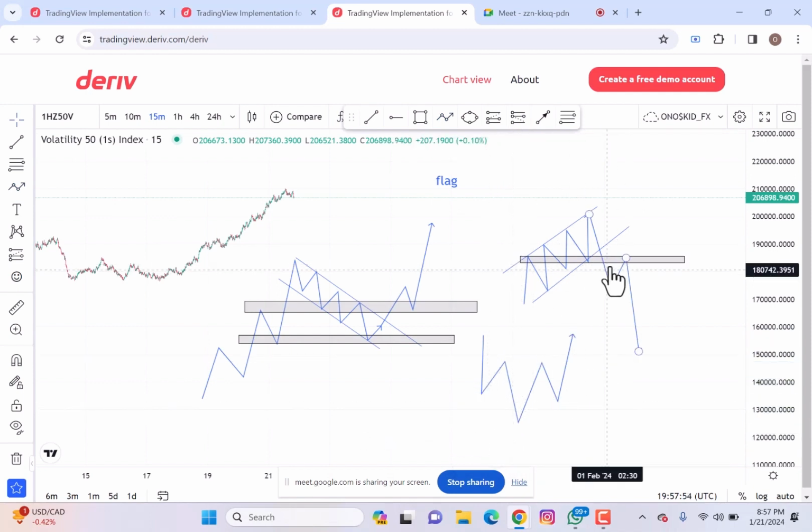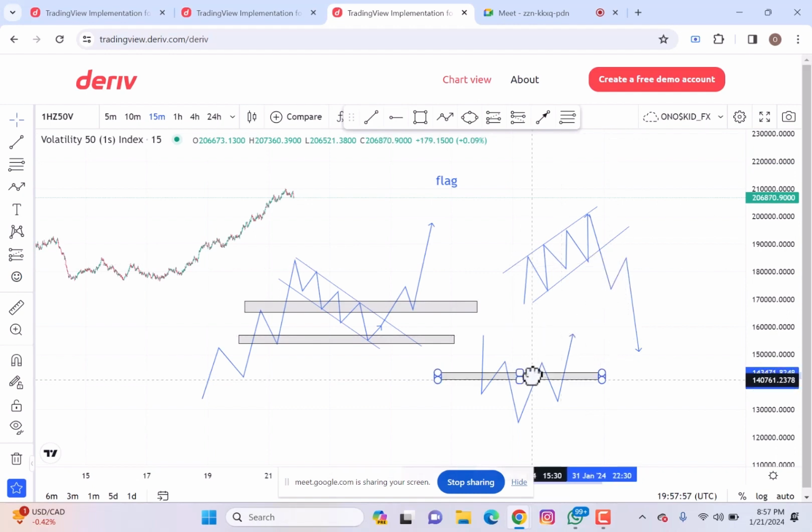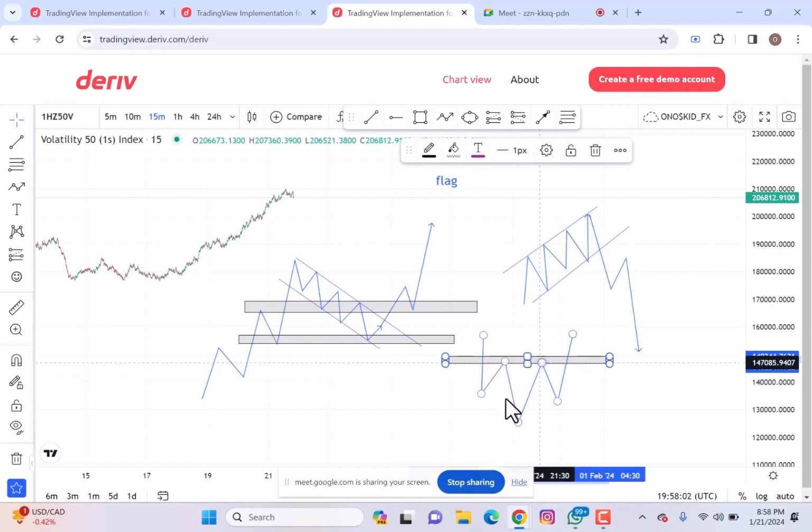So how do you make entry or how do you apply this in your trading? When you notice this type of pattern, this is a reversal candlestick pattern, all right? So you want to see this pattern on a support level so that you can make an entry for a buy. It's a chart pattern telling you that the market may likely take a buy move from that particular zone. So what you do is you wait for the market to retest this.